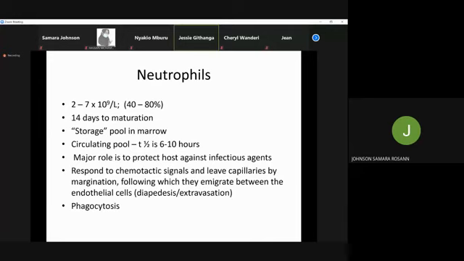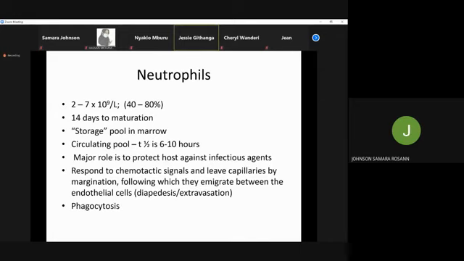You will see later on that in children, lymphocytes are the predominant white cell group. And the normal range for the neutrophils is 2 to 7 times 10 to the 9 per liter. And they form about 40 to 80%. So you can see it is a range. So anybody having 40% neutrophils, that is still within normal.